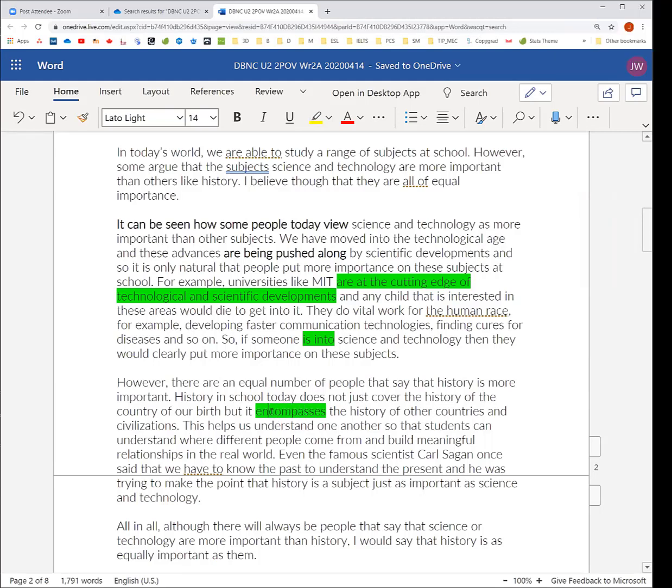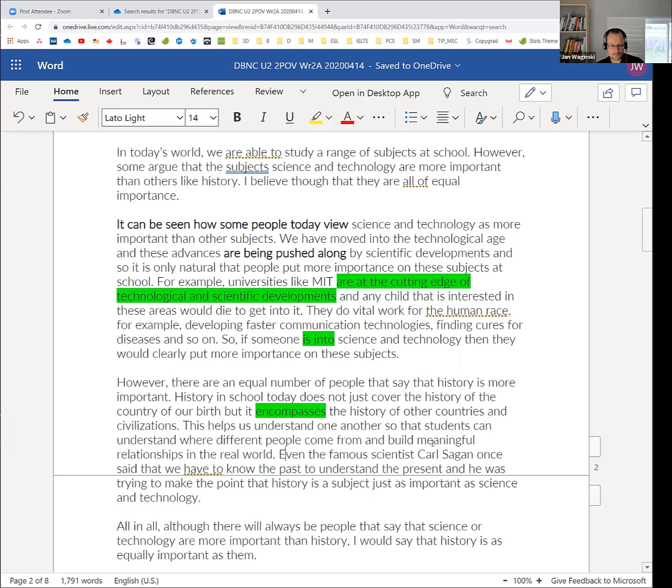Include. You know, compass: north, south, east, west. Right, so think of a compass as all the points of a compass. It includes everything. So it's a really, really good word to use. Okay, example, Carl Sagan, famous physicist or physics professor.